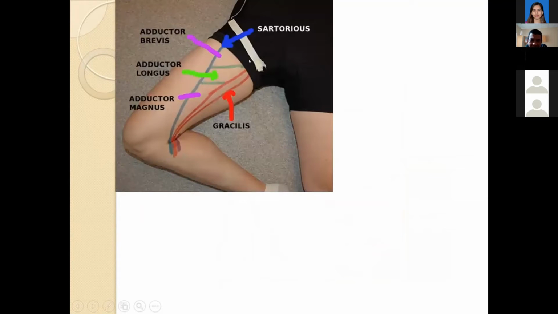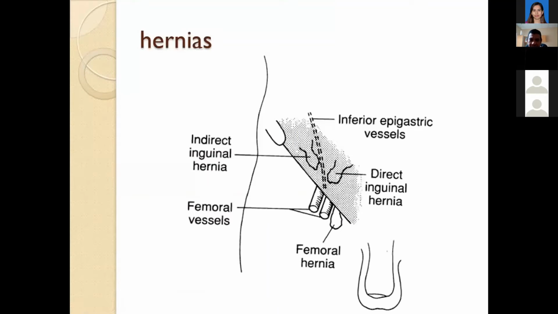This is the femoral triangle, which is located at the inferior part of the abdomen. It is lined by all these muscles, and the contents are here. You get the femoral vessels. Sometimes you get a femoral hernia because of weakness of this area.